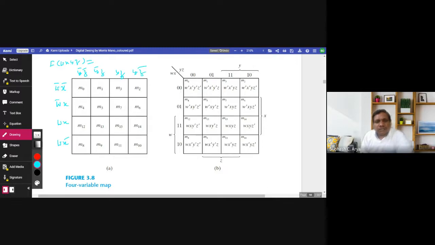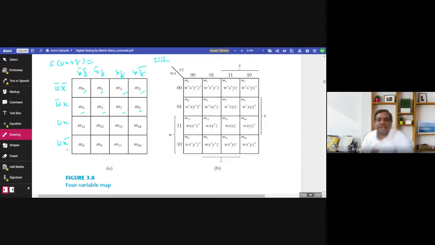So you see W bar X bar Y bar Z bar is nothing but m0, then m1, m2, m3, m4, m5, m6, m7. m7, just check. So this is 0 1 1 1. So 0 1 1 1 is nothing but 7. So m7. Then all information is written as per the Gray code, so only one bit change should be there with respect to adjacent minterms.